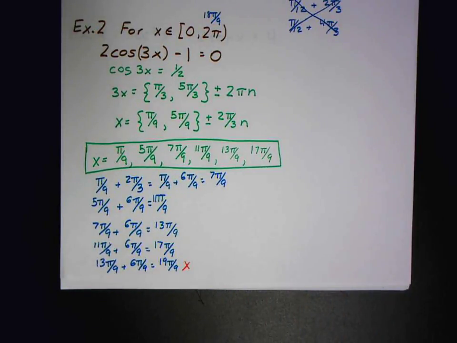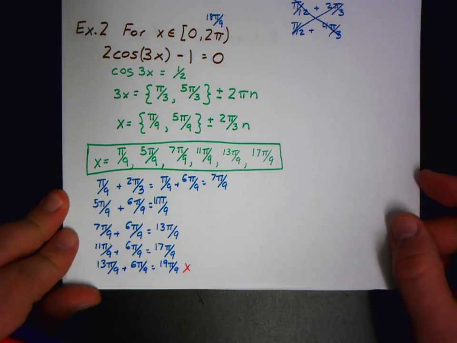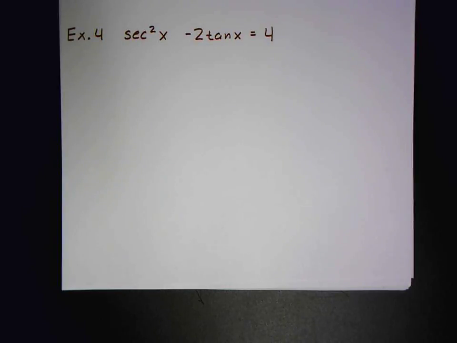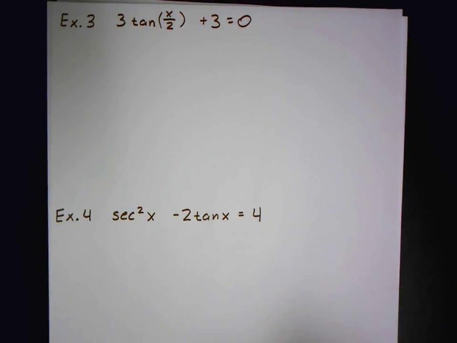But whenever they start asking for specific solutions, you have to start doing more. Okay, you okay with that? Now, it's not a whole lot more. I mean, it's just adding, but it's just more work. Okay, 2 more.